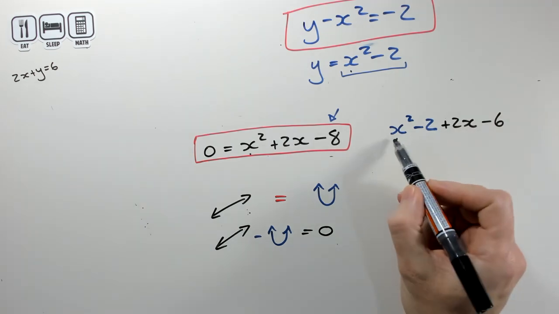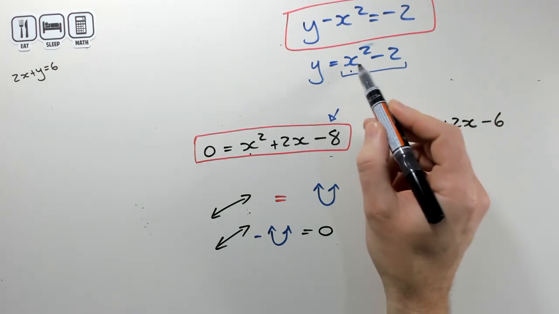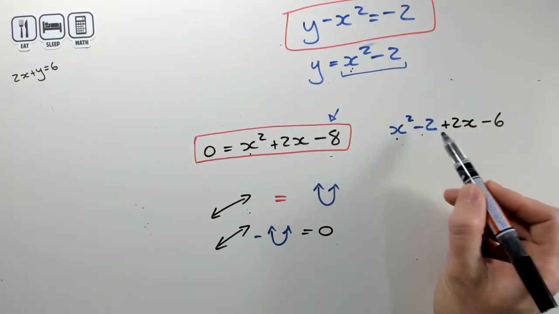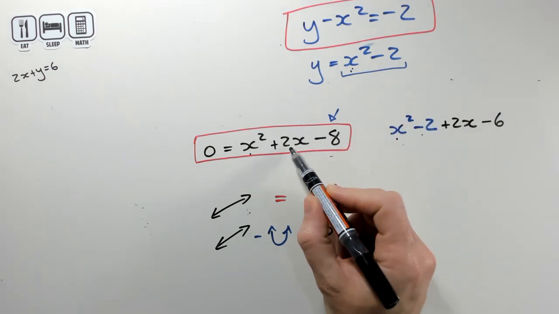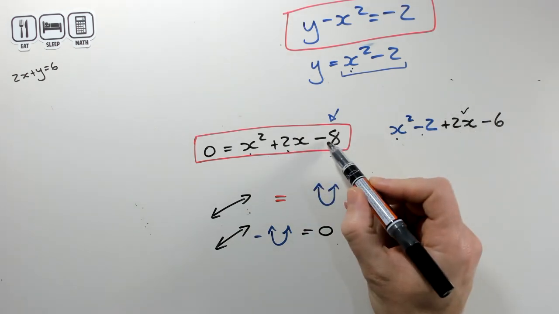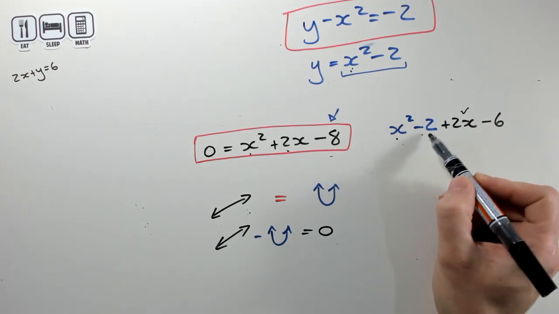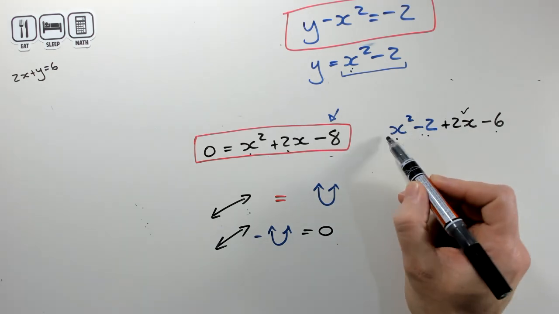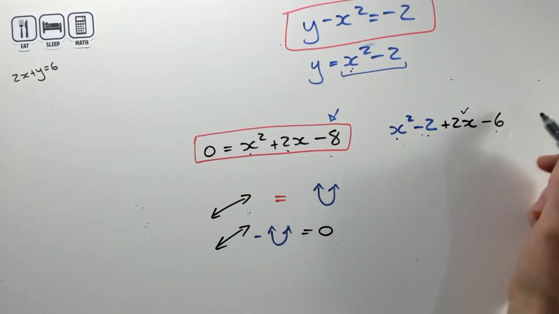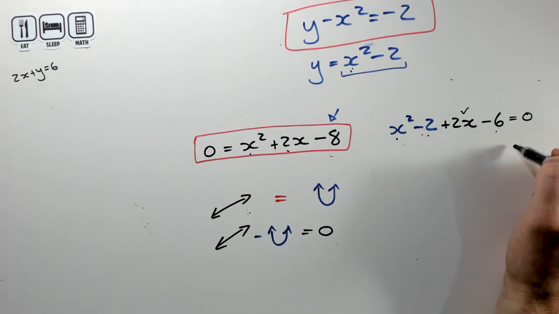So basically, I'm checking x squared, yes, check. Negative 2, I have, check. There's a plus 2x here, so okay, good, I got that one. And there's a negative 8, which I would get by this and this. So now I have my curve and I have my line, and I'll put this all equal to 0.